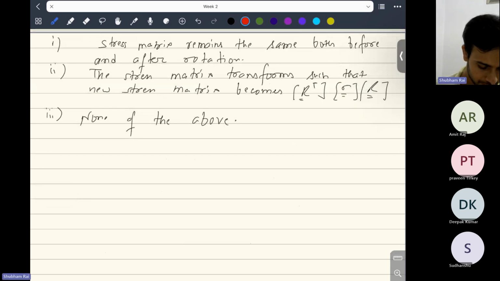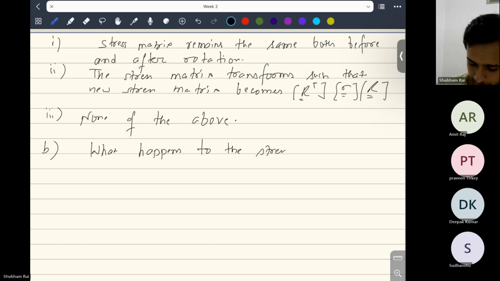Now the second question, part B of this question: what happens to the stress tensor in the body after rotation?